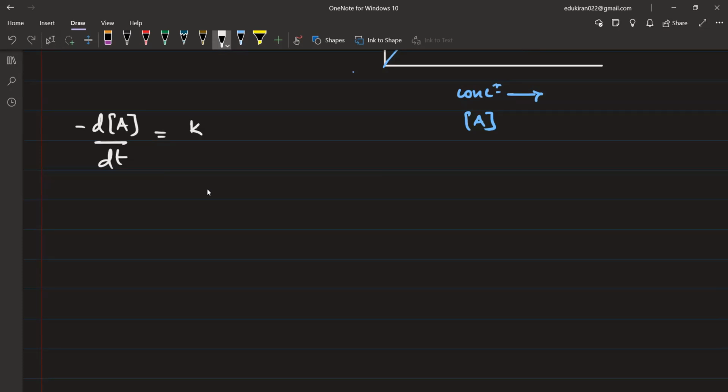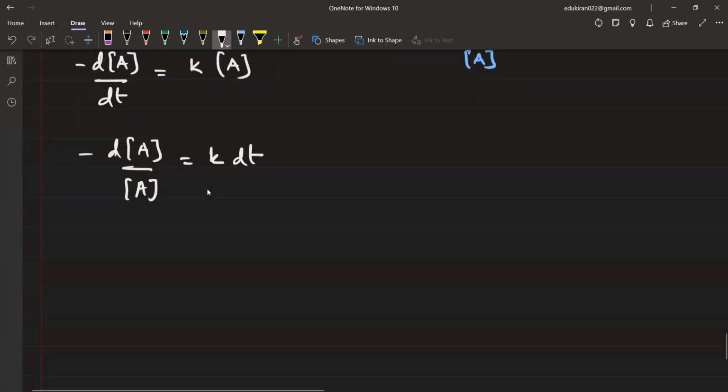And if I know the rate constant and the initial concentration of A, then also I can get the rate. So these are the two rates. Now we will do variable separation, where we move the dt across. So we'll have minus d of the concentration of A upon the concentration of A is equal to K dt. Now we will integrate both sides.